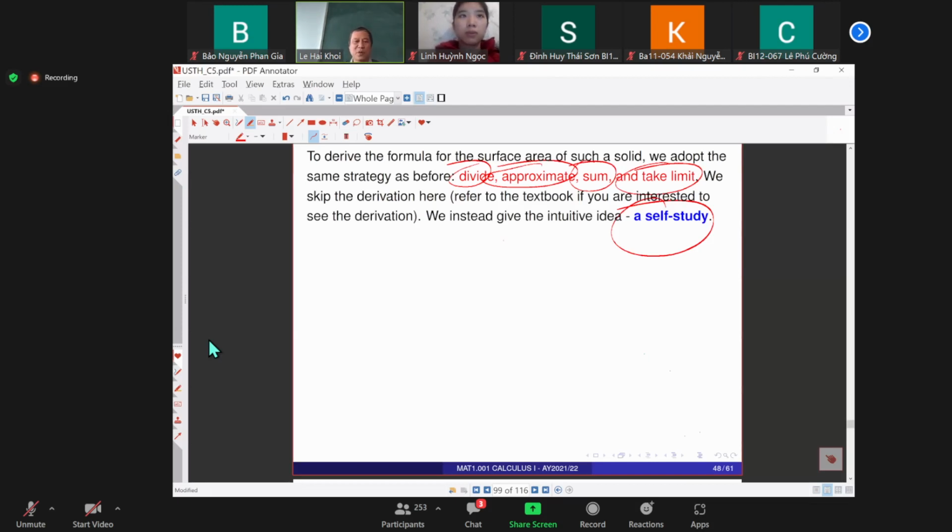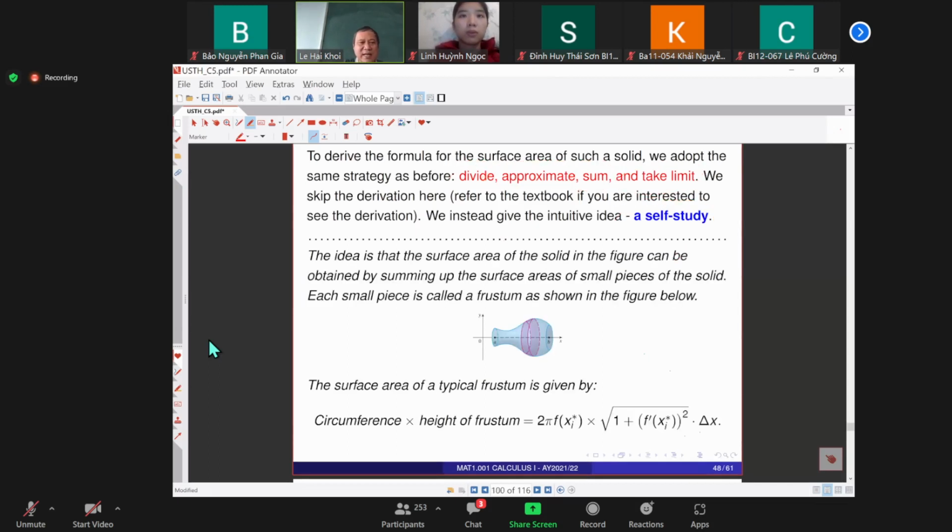If you want to know, here is the idea in italic. You have the circumference multiplied by the height, right? Each small part we call a frustum. And you don't have to remember that, only this circumference here multiplied by the length of that one. Then you get the area of this part.